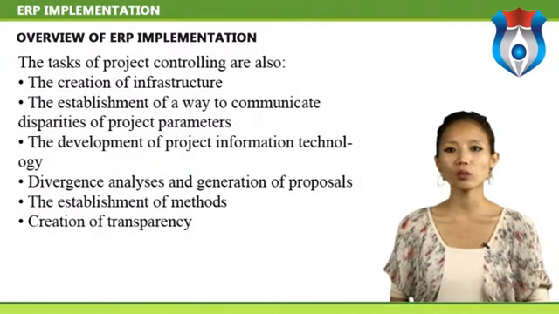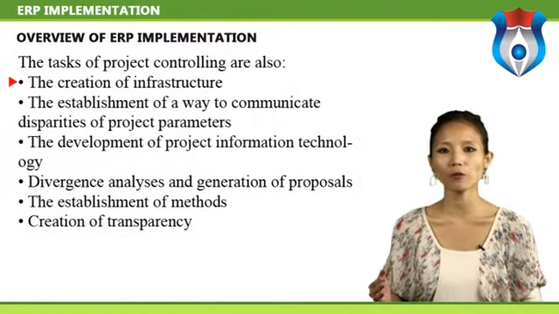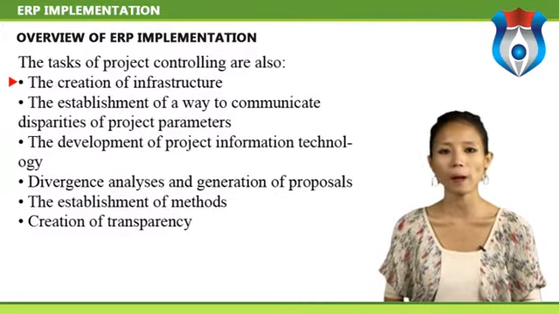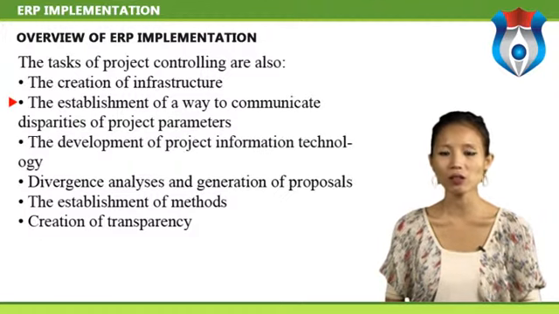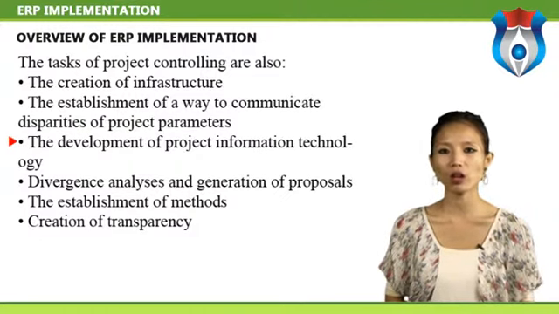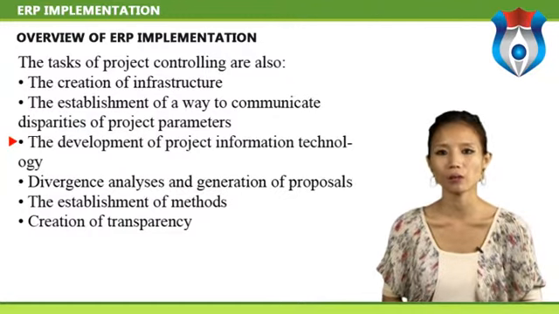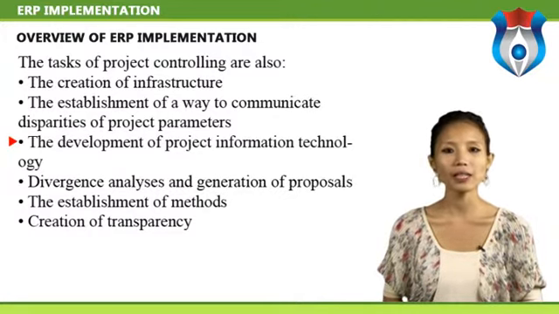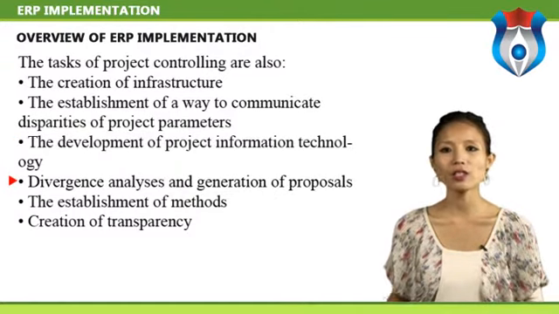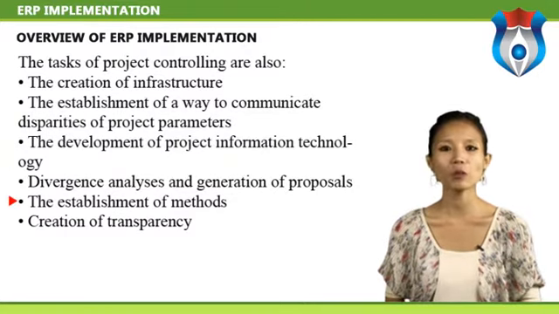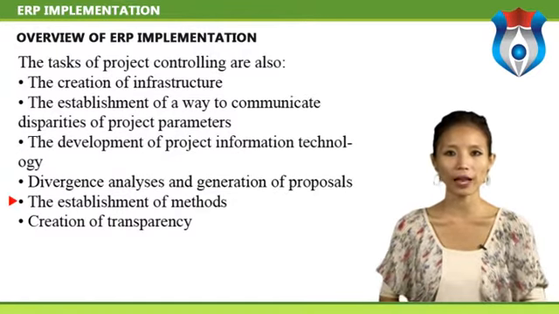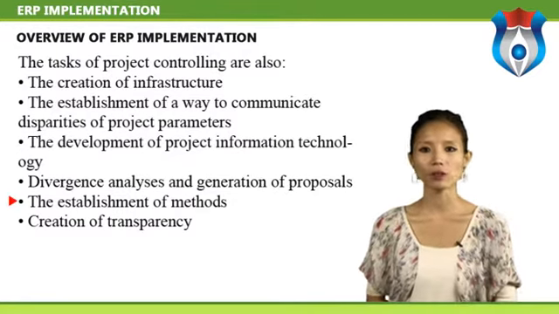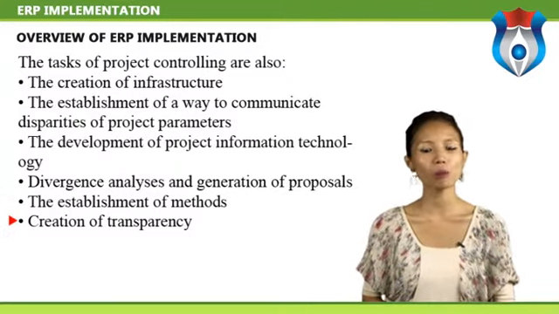The tasks of project controlling are also the creation of infrastructure for the supply of the right information and its update, the establishment of a way to communicate disparities of project parameters, the development of project information technology based on an intranet, or the determination of a project key performance index system, KPI, divergence analysis and generation of proposals for potential project regulation, the establishment of methods to accomplish an appropriate project workflow organization, project control and governance, creation of transparency among the project parameters.